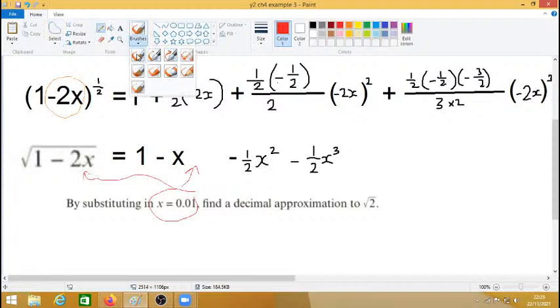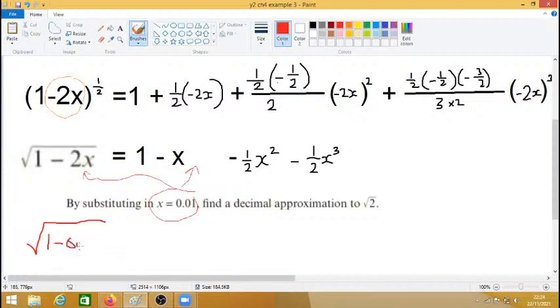So that would become the square root of 1 minus 2 times 0.01. 2 times 0.01 is just 0.02. So it's 1 minus 0.02, and that is just 0.98. So I can rewrite that as the square root of 0.98.